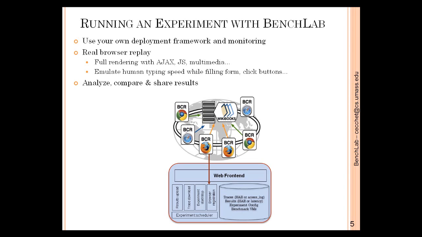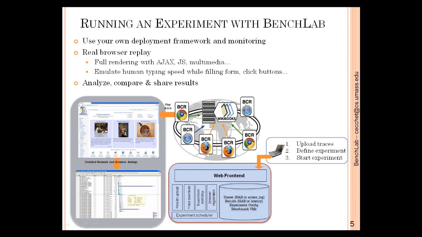Okay, so the browsers register to the web application, then the administrator can upload traces, define an experiment, and start the experiment. Once the experiment has started, all clients are downloading the trace to play.